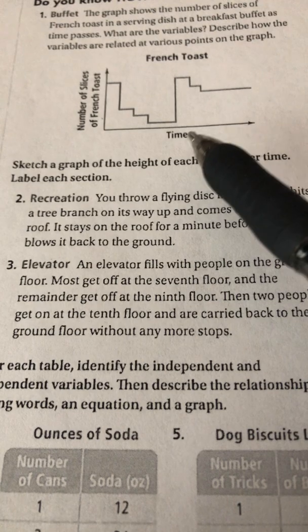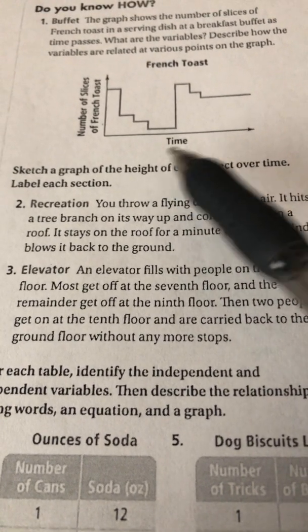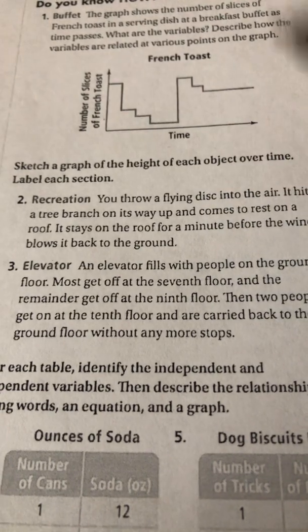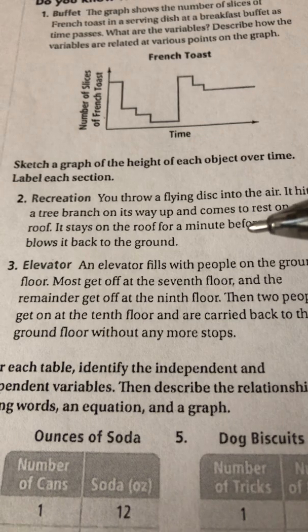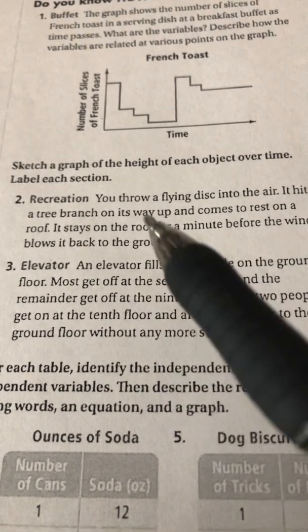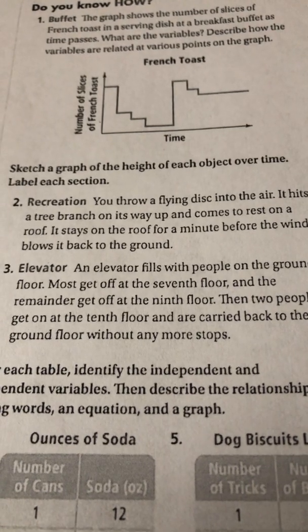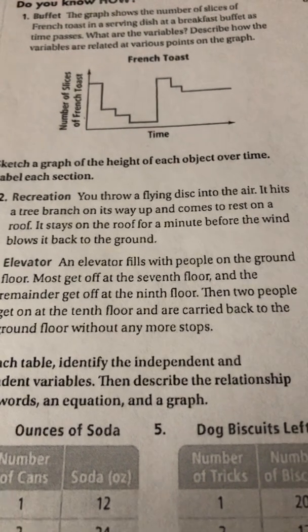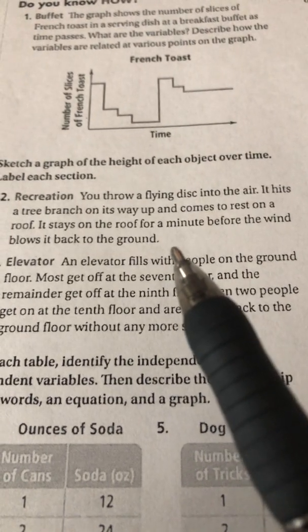Time is your independent variable again, and your dependent variable, the one going up, could be the height. Then you might want to show it going up, and then it stays up on a roof for a minute, and then it finally blows down, and so it comes back down on the height.